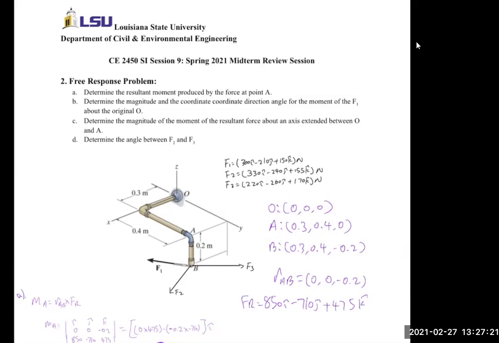The previous problem had you find the magnitude and coordinate direction angle for part A, but this one is different. It's the moment of F1 about the origin O.